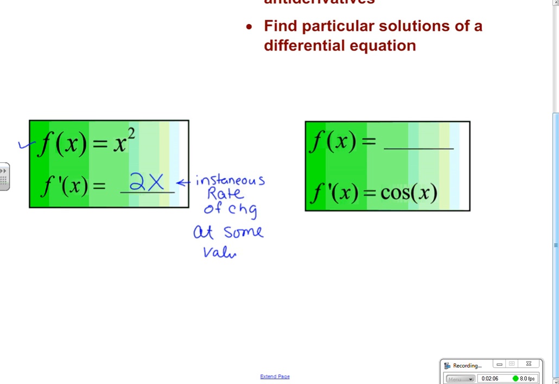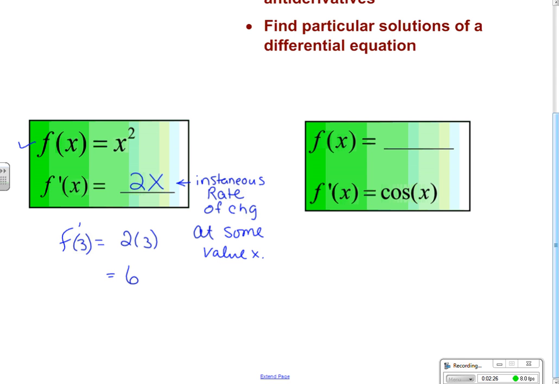And I could give you the value of when x is 3, what is its rate of change? I'd just plug it in here and say, oh, I know that the derivative at 3 is 6. And that means the rate of change is 6 happening right at that precise point.